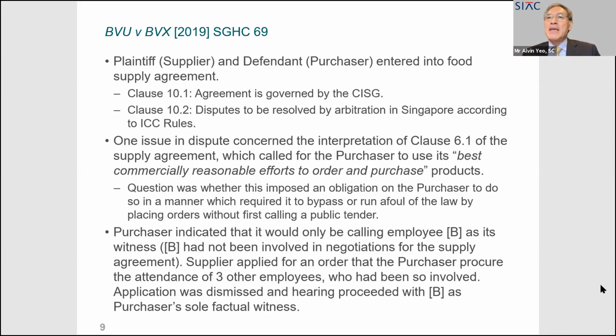The complaint made in this case, the tribunal had applied Article 8 in interpreting the various contractual provisions. So they went through that three-step procedure, which Professor Bell talked about. And really the complaint made by the supplier who lost the case was they said they got hold of somebody that they wanted to be called as a witness by the other side, but wasn't called.